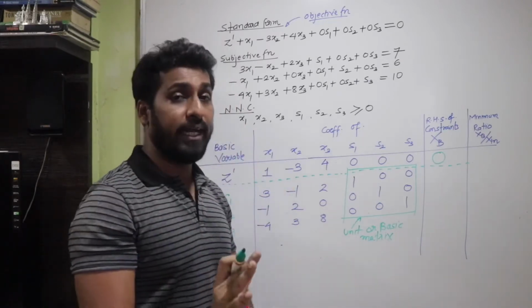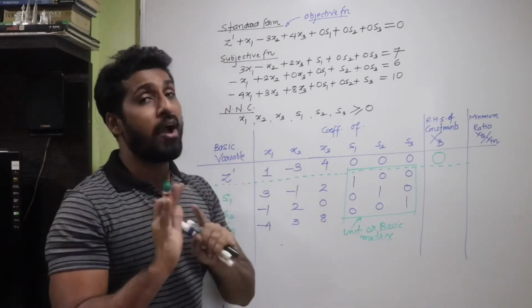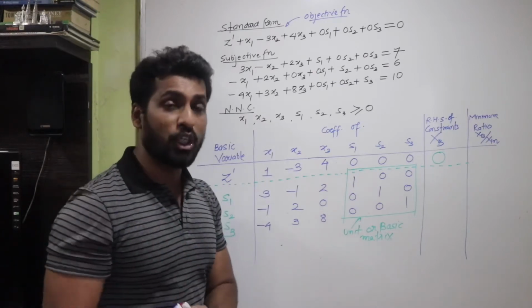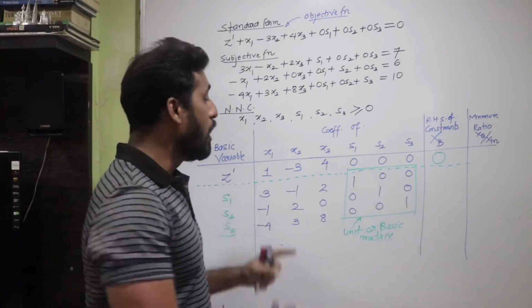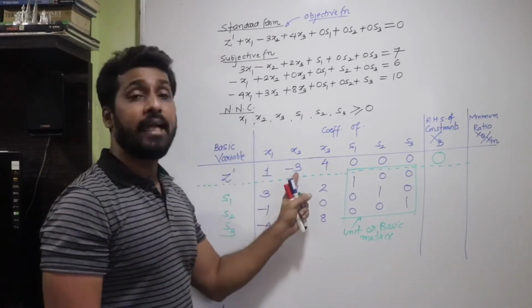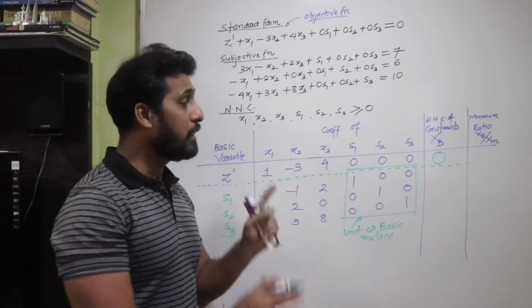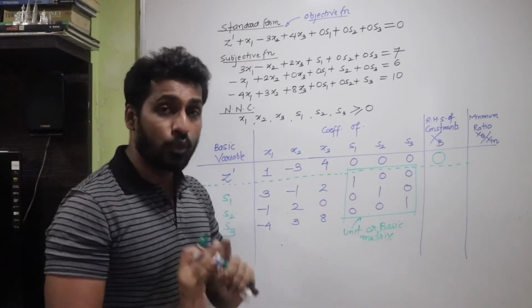If any of the entries is negative, then you have not reached the optimum solution. So make sure that you watch your row of z dash very carefully. I can observe here that z dash contains -3. That means I am yet to reach the optimum solution.